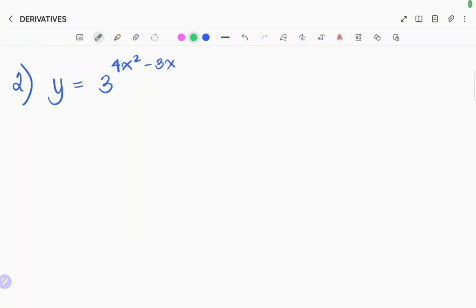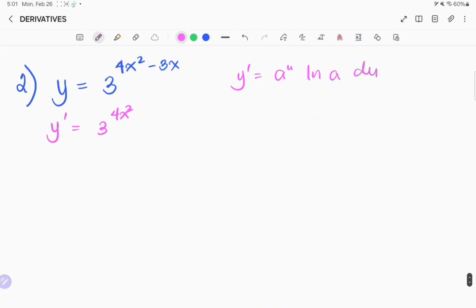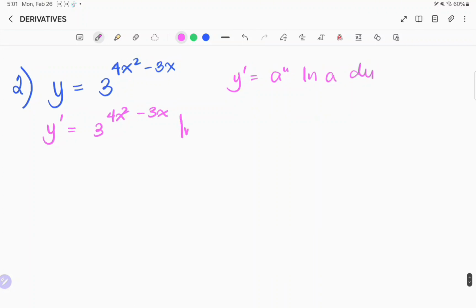Example number 2. Of the second form, we have y is equal to 3 raised to 4x squared minus 3x. So remember that the derivative of this will be y prime equal to a raised to u ln a du. So we have to copy our u, which is 3 raised to 4x squared minus 3x. Then ln of the given base, which is 3, times the derivative of our exponent, or 4x squared minus 3x.